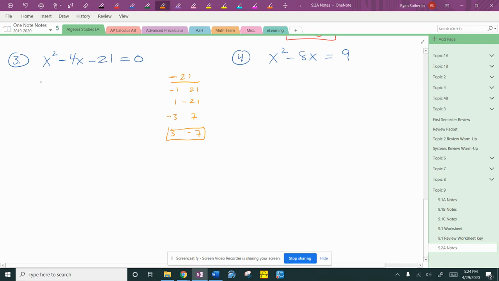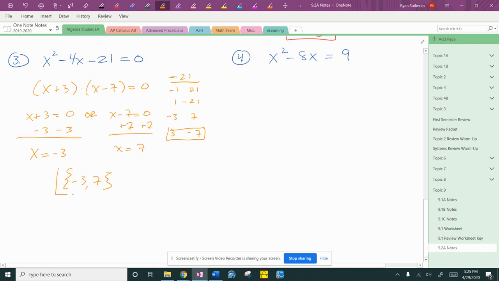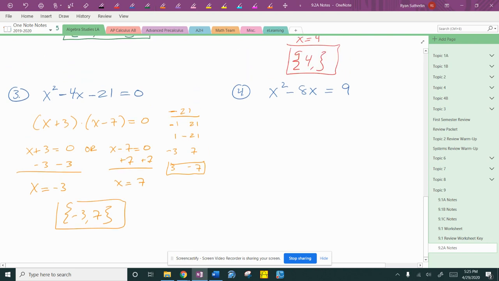So I have here x plus 3 times x minus 7 equals 0. So that means x plus 3 equals 0, or x minus 7 equals 0. On this one, I'm going to subtract 3 from both sides. Over here, add 7 to both sides, and I get two answers to this quadratic equation, negative 3 or 7.